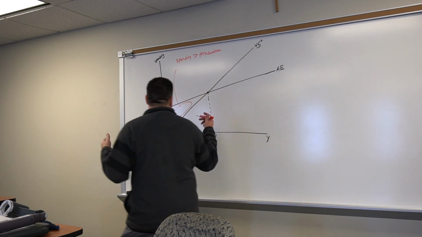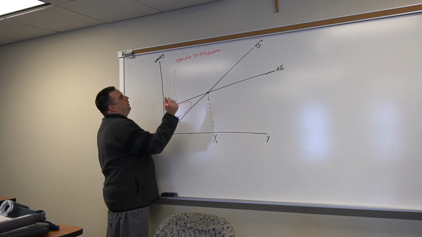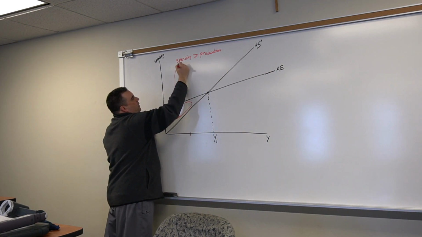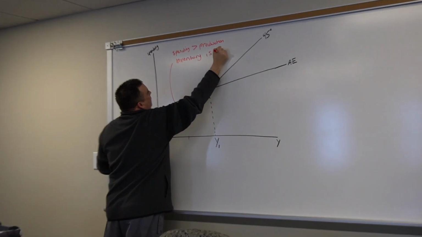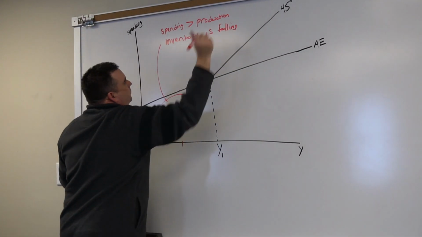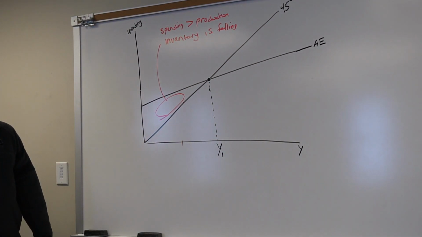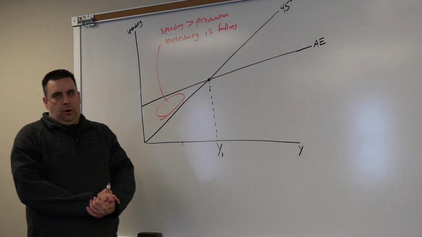In fact, that's, I think, actually formally how the textbook relates to this. They say this is an area where stored inventory is falling. So we sit there and say, where does this occur?